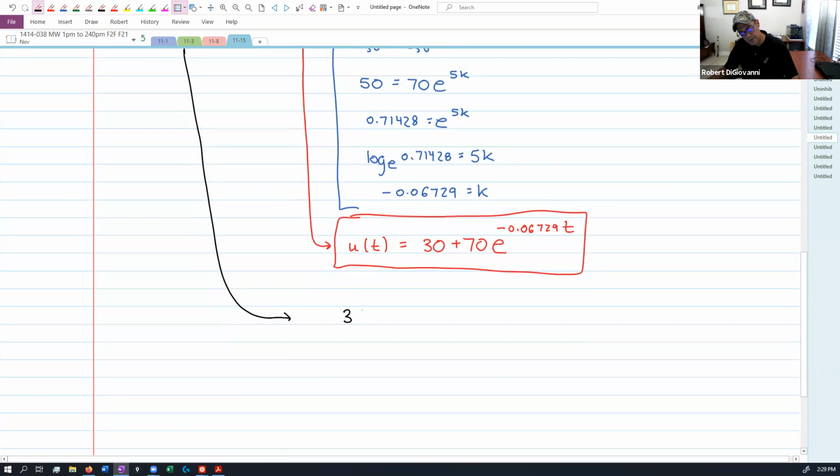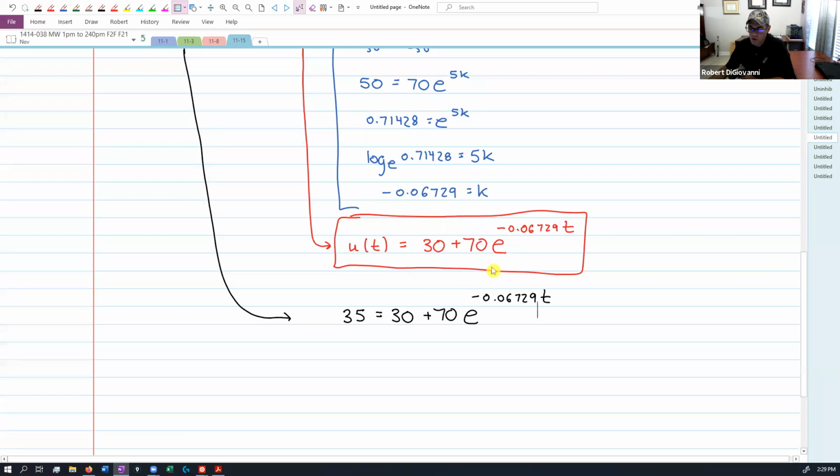So 35 on the left side equals 30 plus 70 e to the negative 0.06729 t. And then we're going to solve for t. We just follow through the same procedure. I'll leave it to you to solve that yourself.